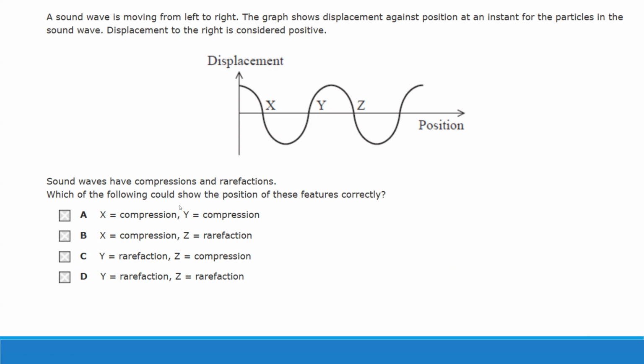It says, which of the following could show the position of these features correctly? By the way, it says displacement to the right is positive. Even if it didn't say this, you're going to assume to the right is positive. So always assume right is positive unless otherwise specified.